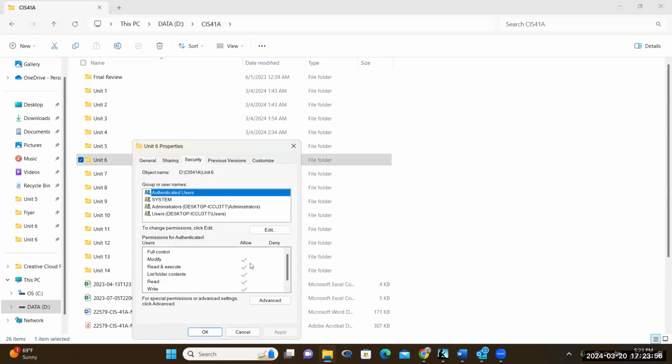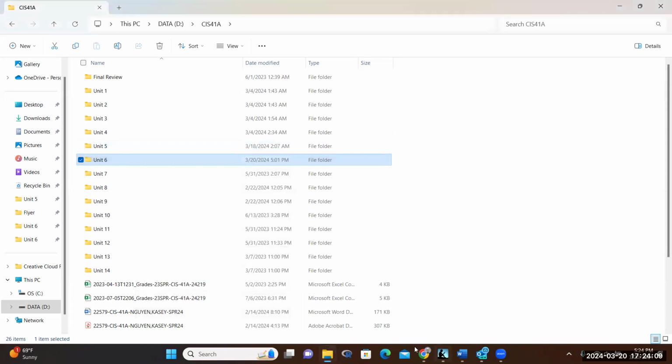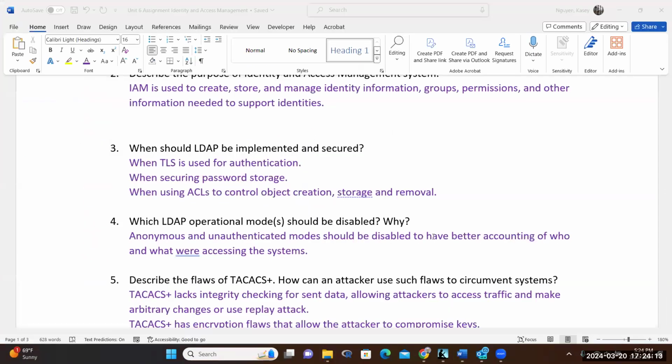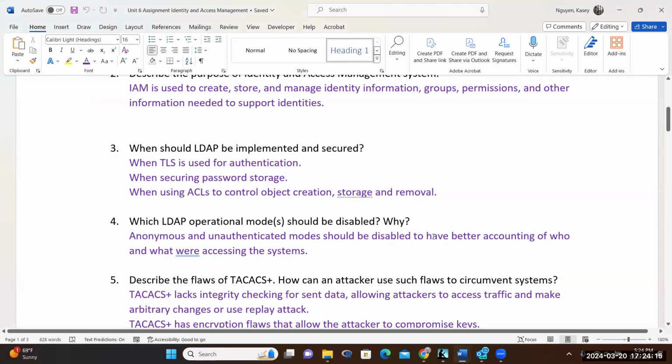And it would have related permissions for a specific group of users or the user. Now you can modify this, you can change it, whatever is needed, but it really identifies who creates the file and what level of access they have.